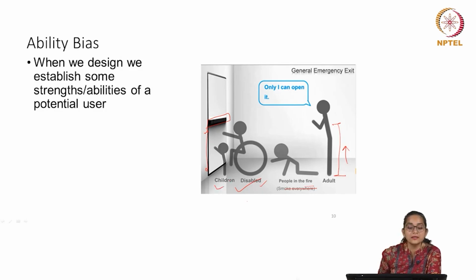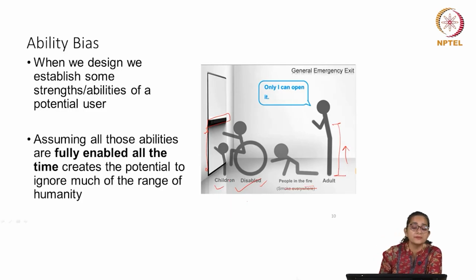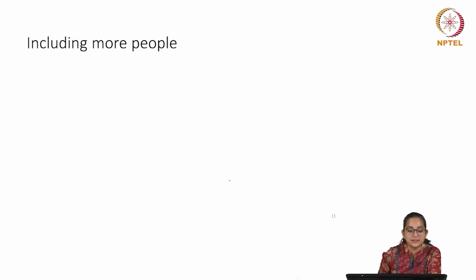So basically, when we design something, we establish some abilities of a potential user, and this itself is called ability bias, because we assume that all of those abilities are fully enabled at all times, and this potentially makes us ignore much of the range of humanity. So, we should try to shy away from this mindset.